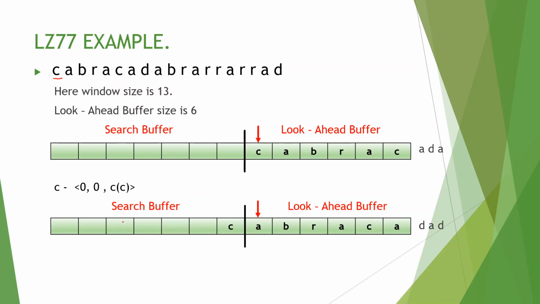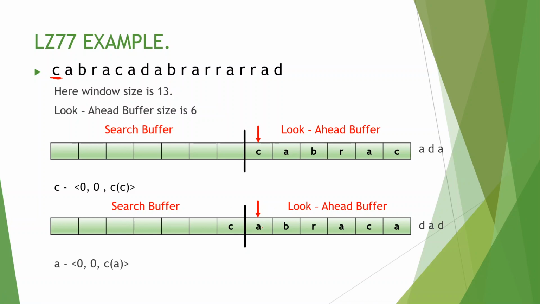So what is the output? The output is the same. Our offset is 0 because no match is found here. Our length of match is also 0 because the match of A is not found in the search buffer, and the symbol is A because no match was found in the search buffer.